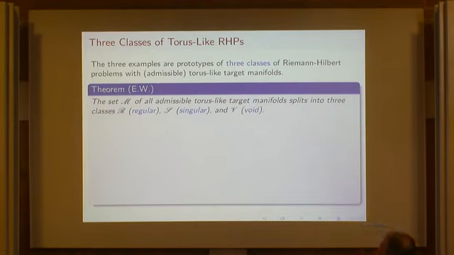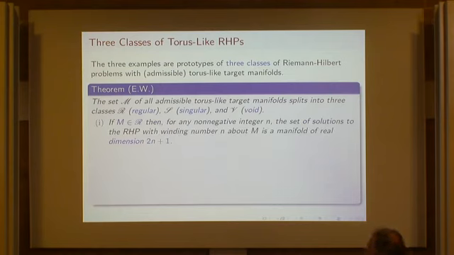If we consider all admissible torus-like target manifolds, this set will be denoted by M. Then we have 3 disjoint classes, which together form this set of manifolds M. In the regular class, we have the same result as for the standard, regular problems which we considered in the morning. We have many solutions, and the set of solutions is indeed a manifold, of real dimension 2n plus 1. No, it consists of several components, I would say.